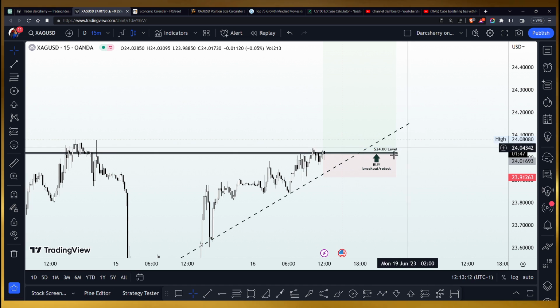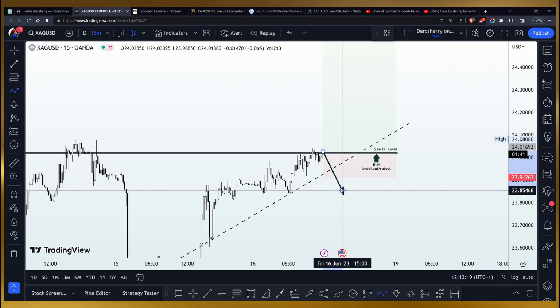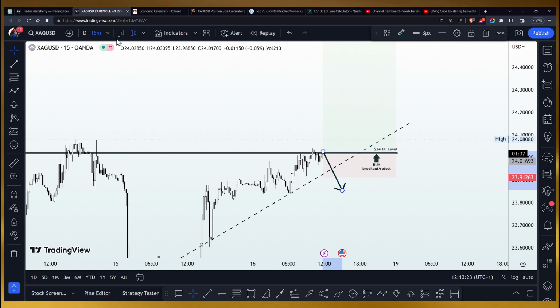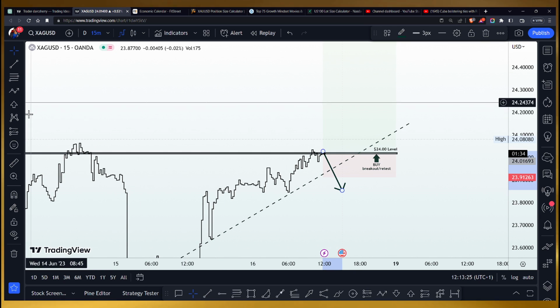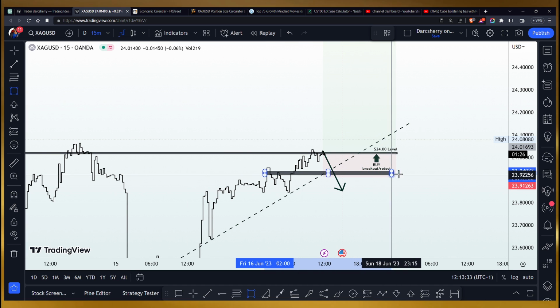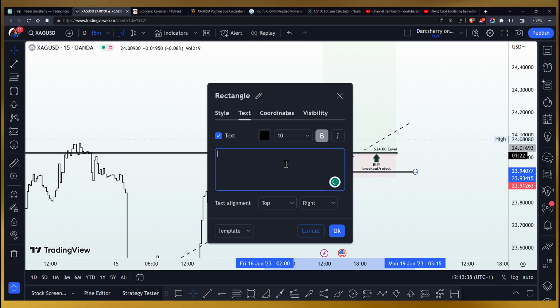However, if price action drops in such a way that it breaches that bullish trend line, then at this point we want to start considering selling the XAGUSD. And in fact, we want to have a level that we are going to be using to guide that trading activity. And in fact, we have something around the $23.94 level. So you want to mark this level out also on your chart.